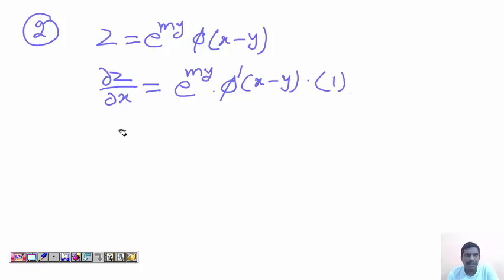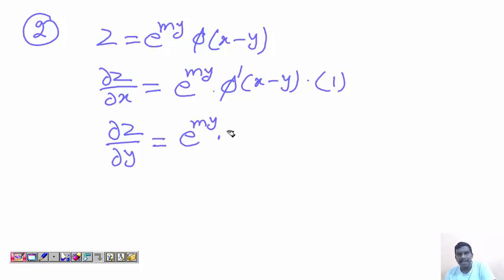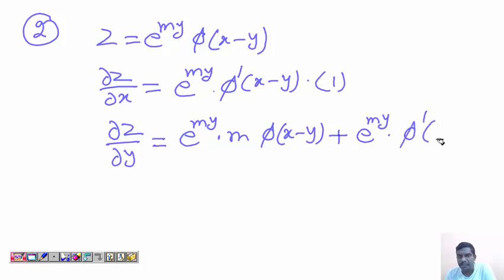In the same way, dou z by dou y is equal to e to the power of my into m, because in both the terms you have the y terms, therefore you have to use a product rule. Differentiation of the first function into the second function, plus e to the power of my, the first function, into differentiation of the second function, phi dash of x minus y, into inner differentiation which is minus 1.